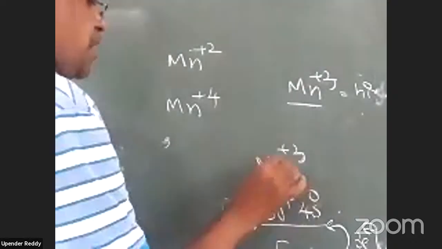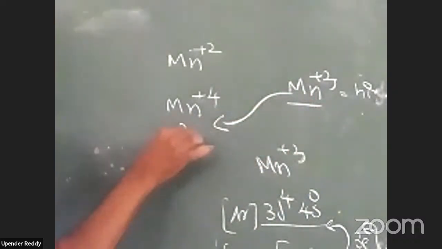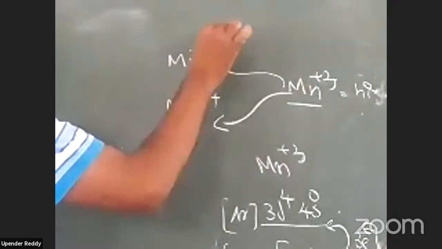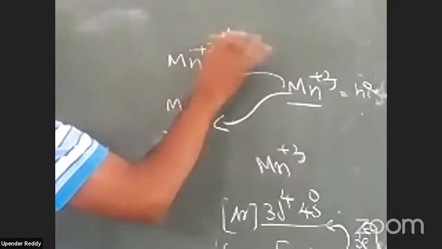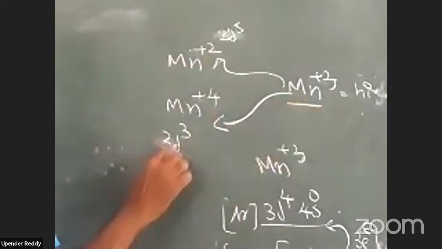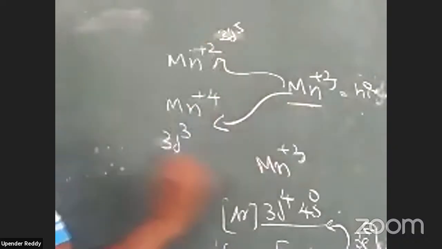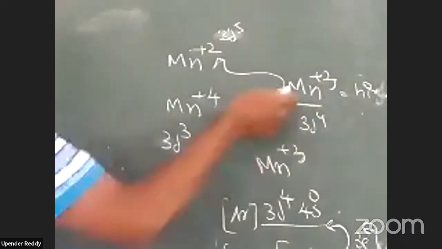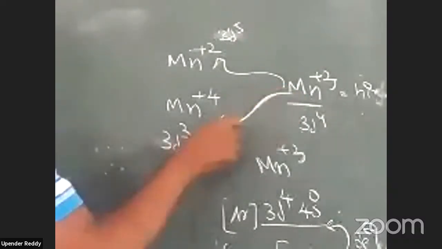If it loses the electron, we will get 3d3. If it gains one electron, it is called 3d5. It is 3d3, it is 3d5, it is 3d4. Hence, Mn plus 3 is converted.